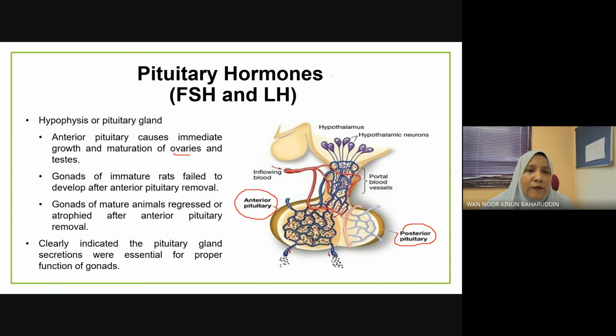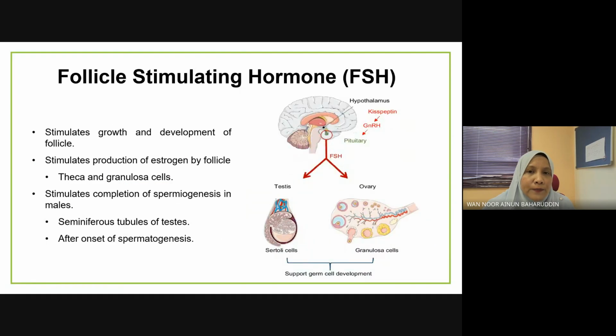Gonads of immature animals fail to develop after, okay, this is the finding. For example, with removal of the anterior pituitary, immature rats fail to develop. That is why it is said that they have maturation of ovaries and testes. Based on these findings, we know that the anterior pituitary causes immediate growth and maturation of the ovary. This clearly indicates that pituitary gland secretion is essential for proper function of the gonads.